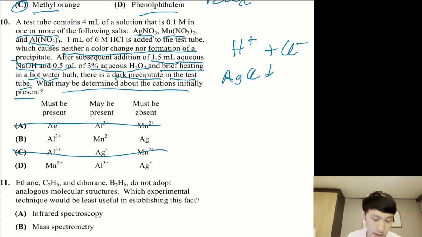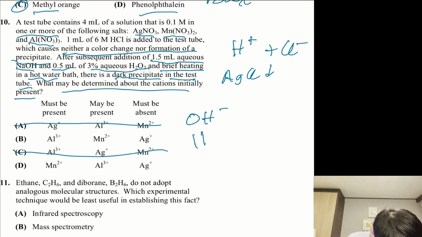Now, let's consider the second reaction. We're adding aqueous hydroxide, so basic conditions, and an oxidizing agent, hydrogen peroxide. Also the precipitate is a dark precipitate.